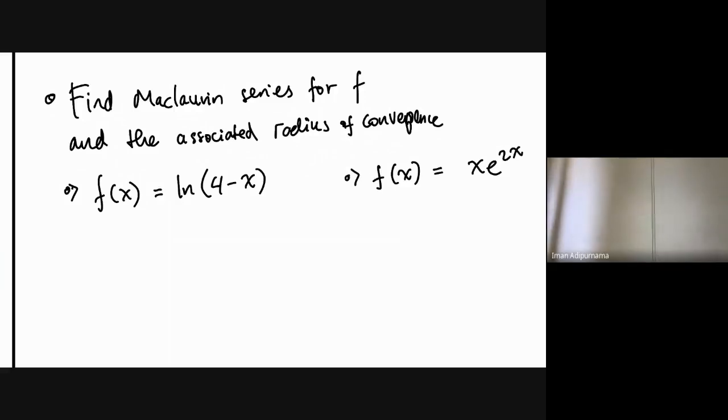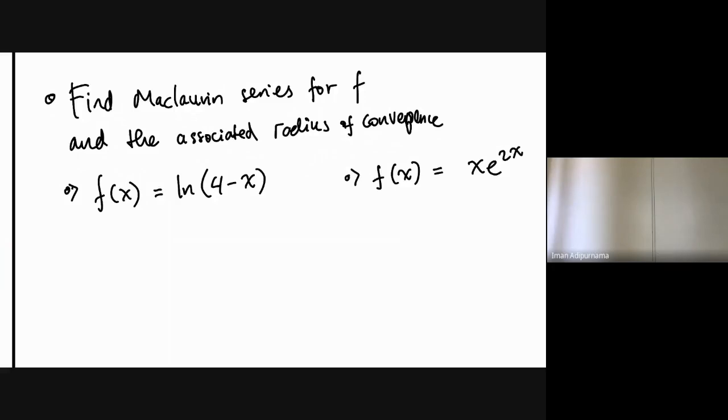With those 6 functions, if you are changing or combining those functions with others, then you just need to multiply, or divide, or integrate, differentiate. For example, this part, you can remember the e to the x, and then you can replace that x with 2x and multiply with x in the series.